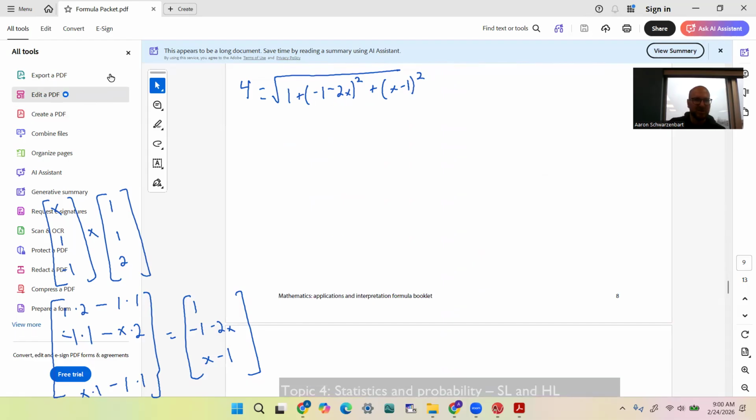To solve, I'm going to square both sides, get rid of my square root right away. 1, negative is 2x, that's 2x plus 4x plus 4x squared.